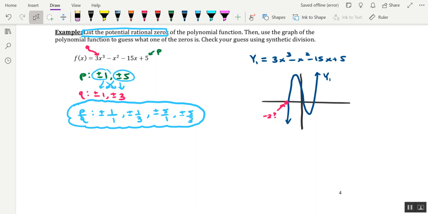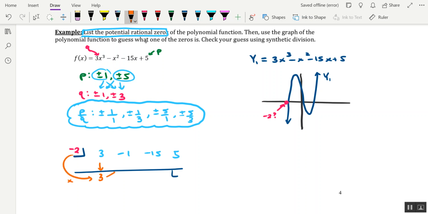Now we're not sure unless we put it to the test. And what I mean by that is we're going to do synthetic division with -2 and see if we get a remainder of 0. Now these numbers right here come from the polynomial f of x. And let's do synthetic division. -7, 14, -1, and then 2.